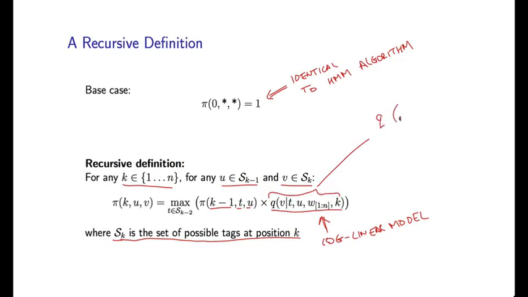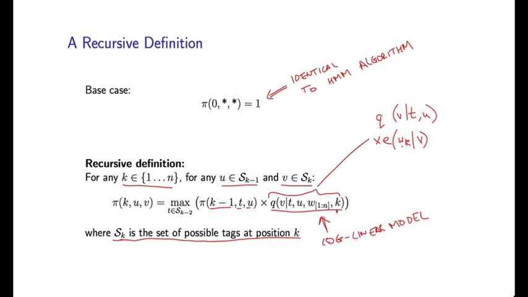We would have had q of v given t, u, and then secondly e of w_k given tag v, because we have the kth word. So we'd have this product of two terms, the trigram term for a tag, and then the emission term for the probability of w_k being emitted by v.